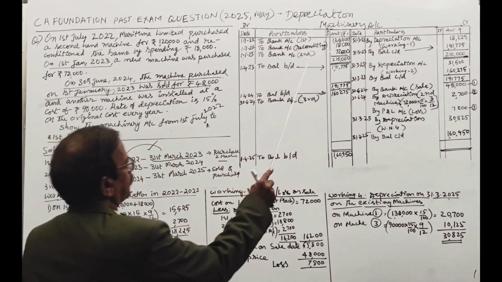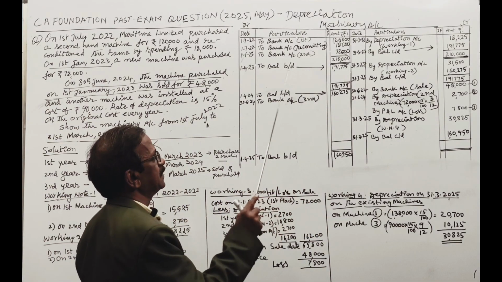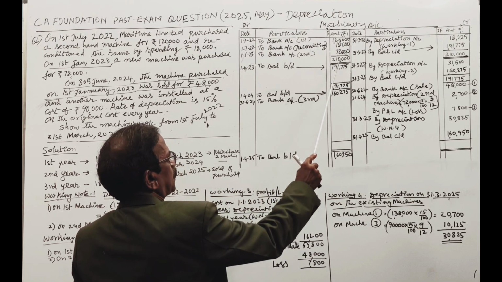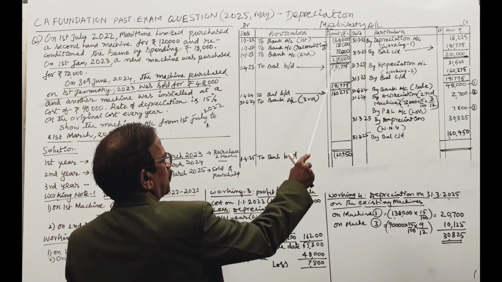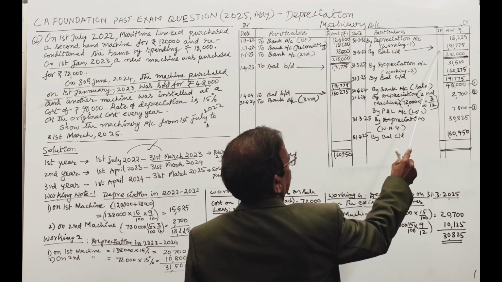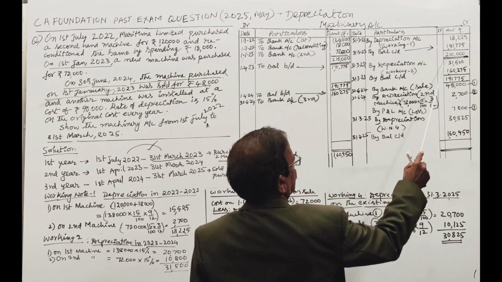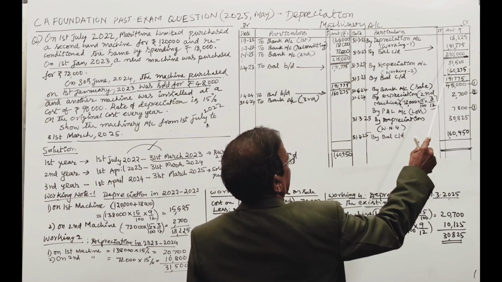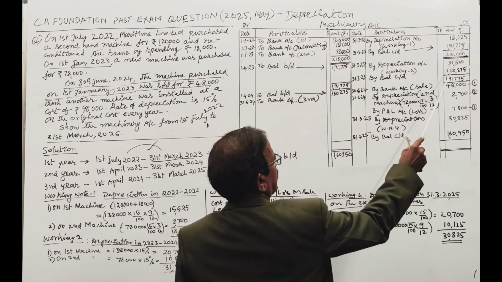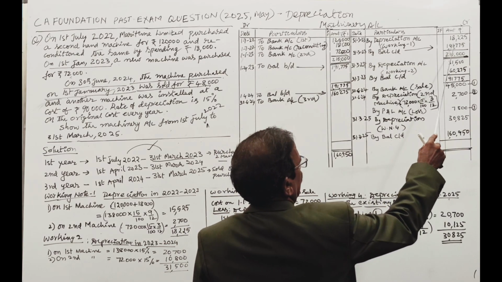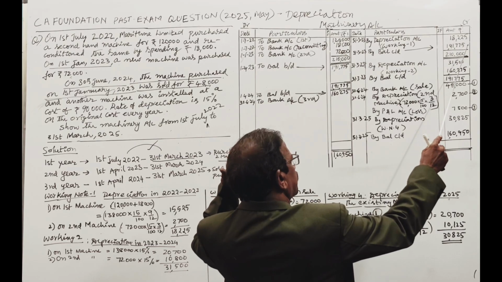Now, after that, you have to balance it. Balancing means first you have to take the total of the debit side, put the amount here, and put the same amount here also. From this 2,10,000, this depreciation is subtracted, then the difference is 1,91,775.